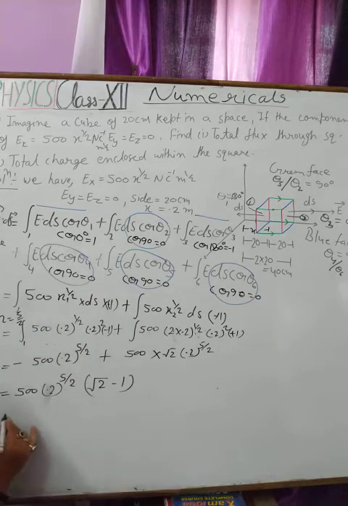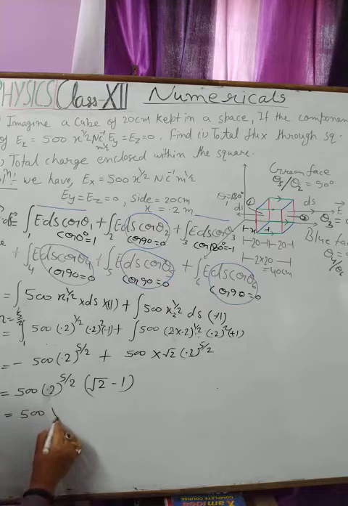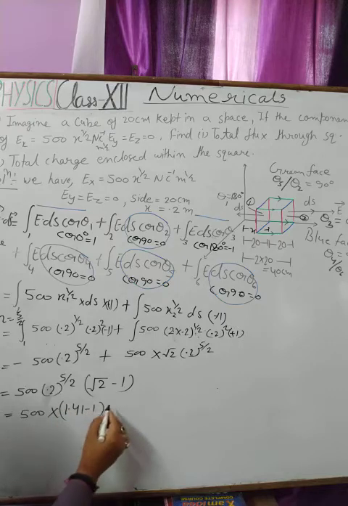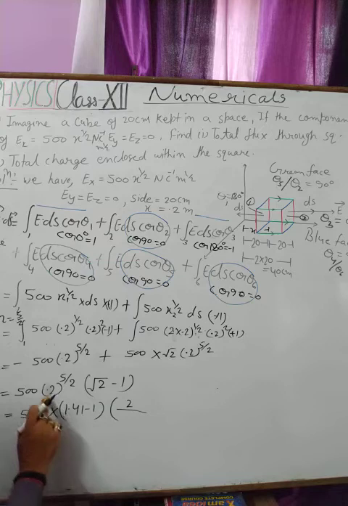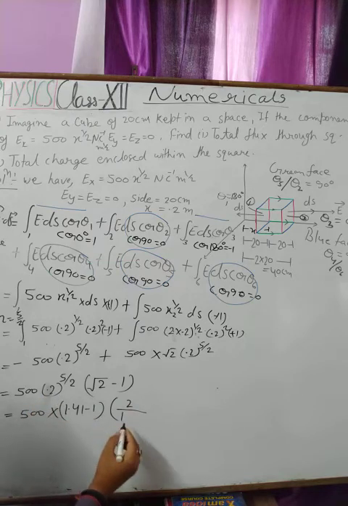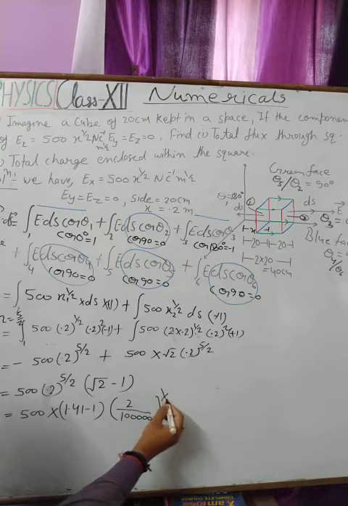Now we have 500 into 1.41 minus 1, and in the bracket 0.2 to the power 5 by 2, student. I am using 50 in the denominator and to the power half.